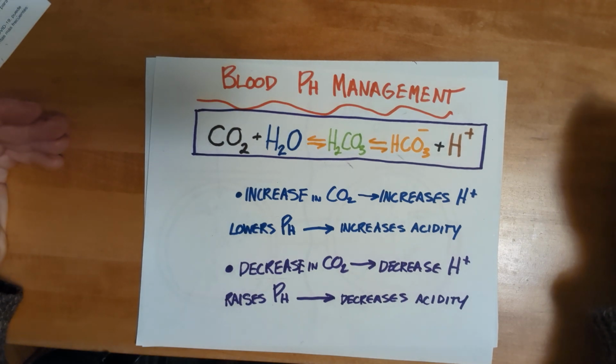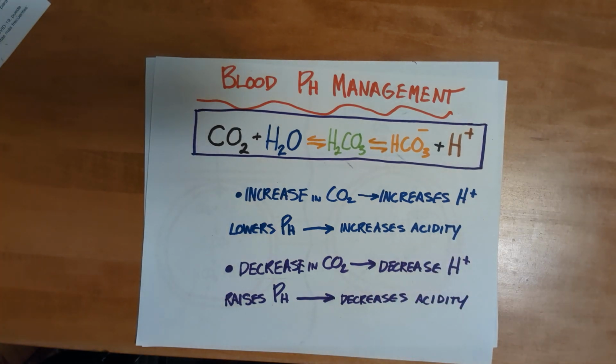And those additional hydrogen ions, if you remember from the beginning of class, is what makes something acidic. Or in this case, since the pH is above 7, it makes it less alkaline. Decreasing CO2 levels then also decreases hydrogen ions, which increases pH and decreases acidity or increases alkalinity. So this is what's maintaining the pH level of our blood.